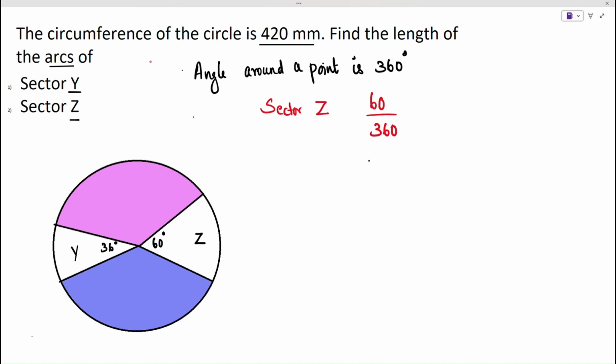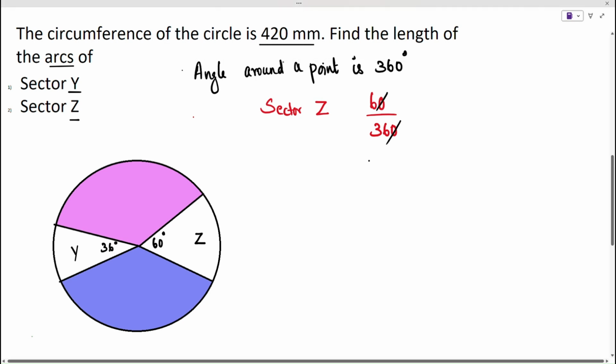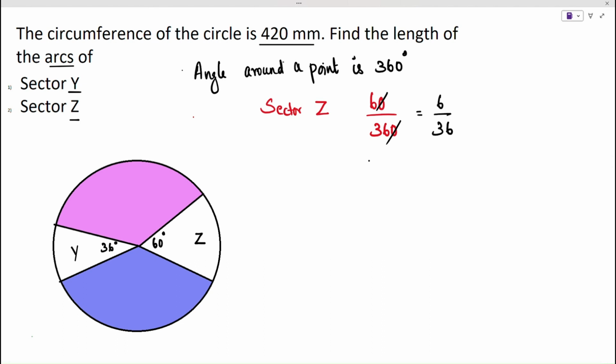And if we simplify it, we divide the top and the bottom. So we cancel out the tens, so we get 6 over 36. And then we can divide the numerator and the denominator by 6. So we get 1 over 6. And so this is the fraction that 60 is out of the total 360 degrees possible.